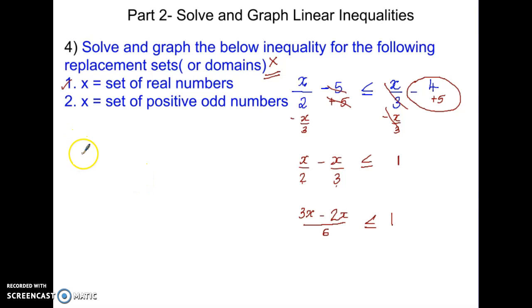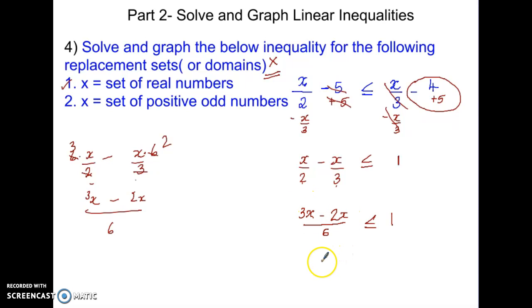That's just how you deal with fractions. So the common denominator is 6. When you multiply with 6 on either side of the fractions, 2 goes into 6 three times, we get 3, and that's why we have 3x here. And 3 goes into 6 twice, and we get 2x there. That's how I get this calculation.